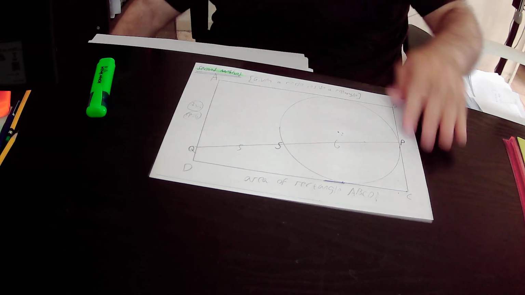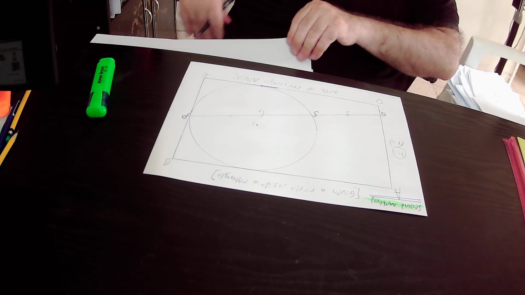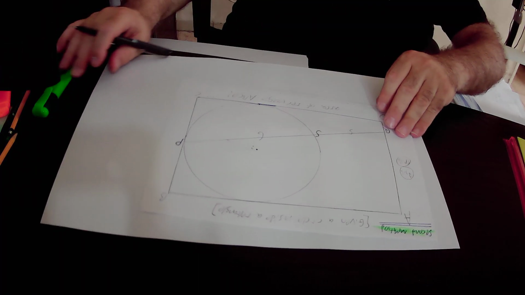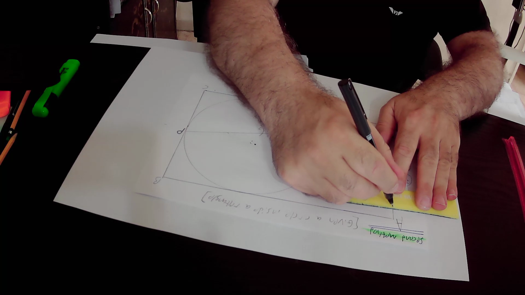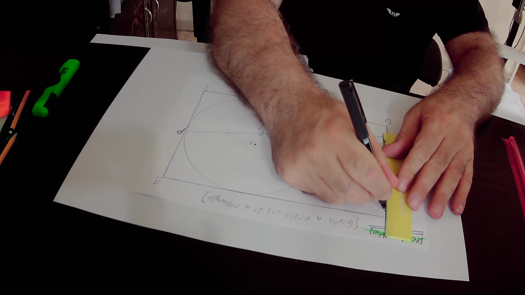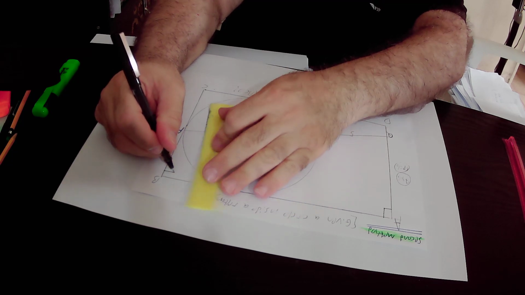We know that all the angles inside the rectangle are right angles. Therefore, this angle equals 90 degrees. This angle equals 90 degrees.